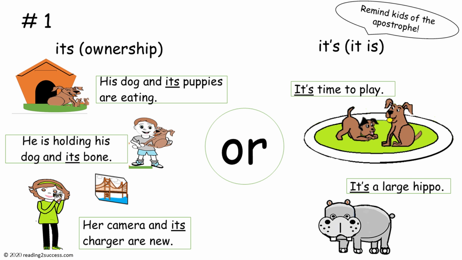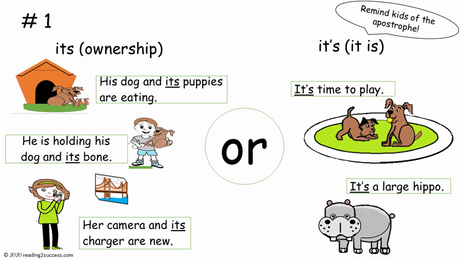Now introduce kids to the first set of homophones. I-T-S, which shows ownership, and I-T apostrophe S, which is a contraction meaning it is. Let's look at the first example of ownership. His dog and its puppies are eating. Its refers to the dog's puppies.